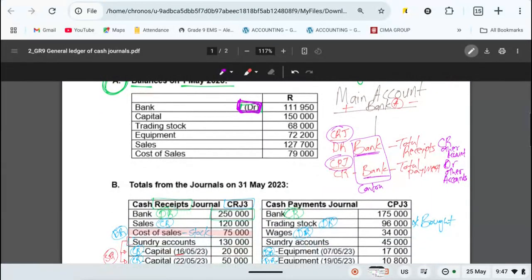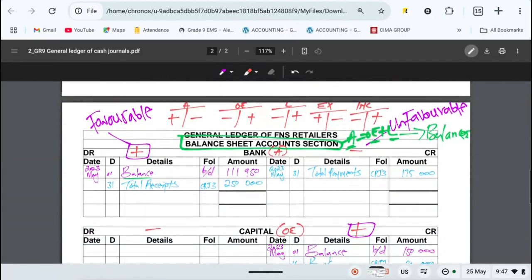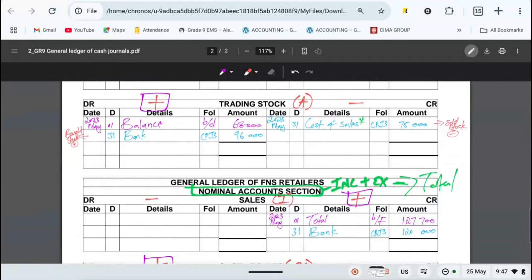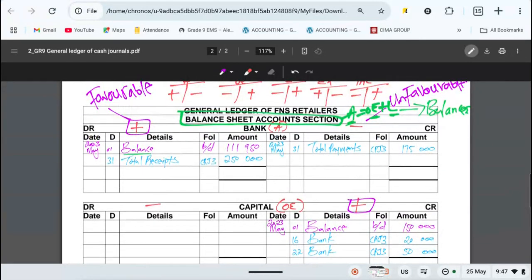So after extracting the information from these journals here, we posted them to their respective accounts, and now we have to close our accounts for the month of May, or balance our accounts for the month of May.